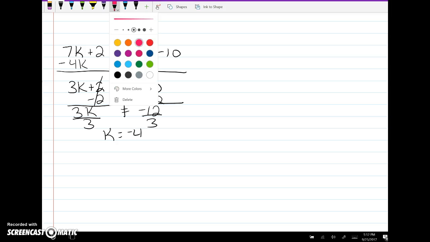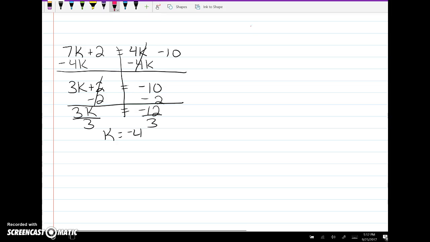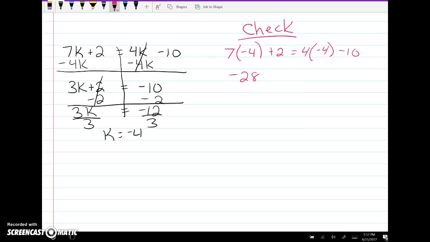Our check is 7 times negative 4 plus 2 equals 4 times negative 4 minus 10. 7 times negative 4 is negative 28 plus 2 equals negative 16 minus 10.